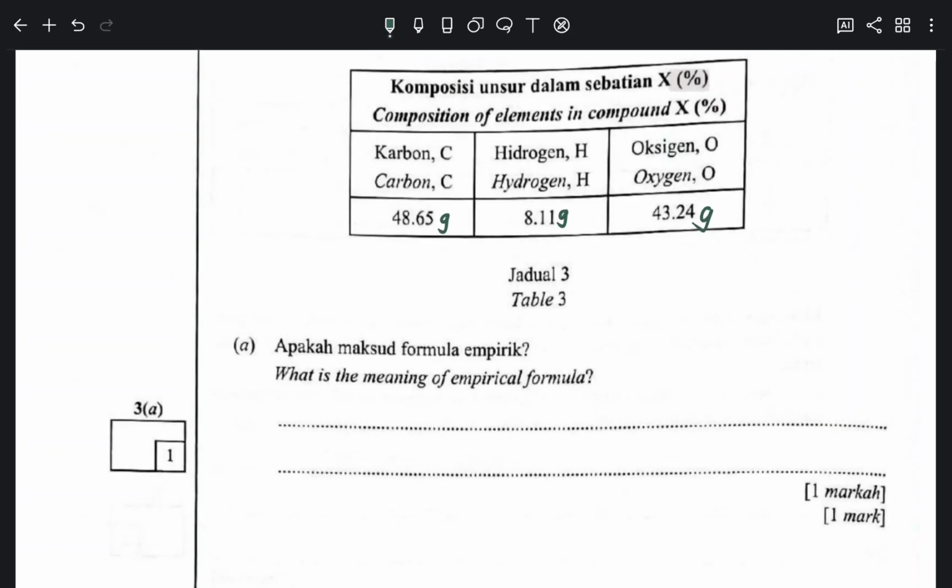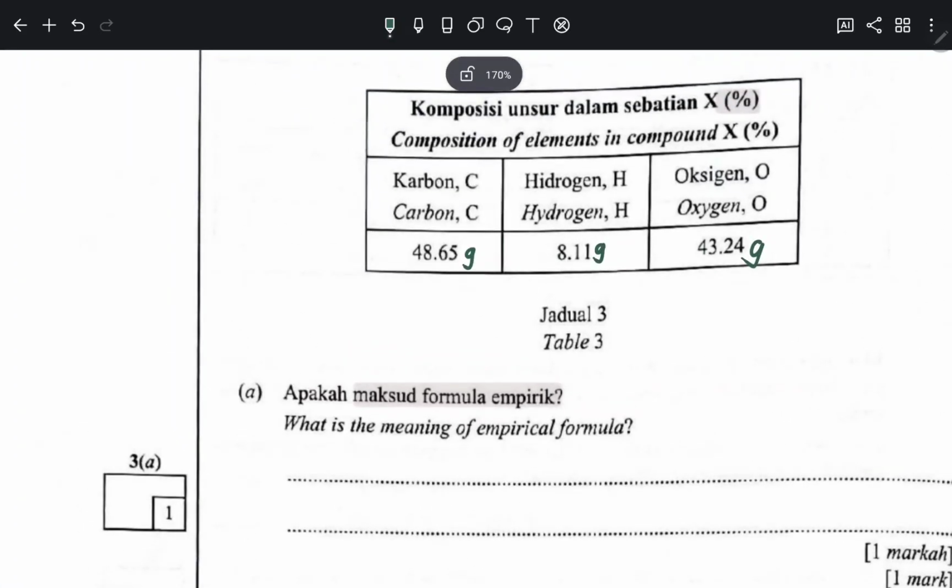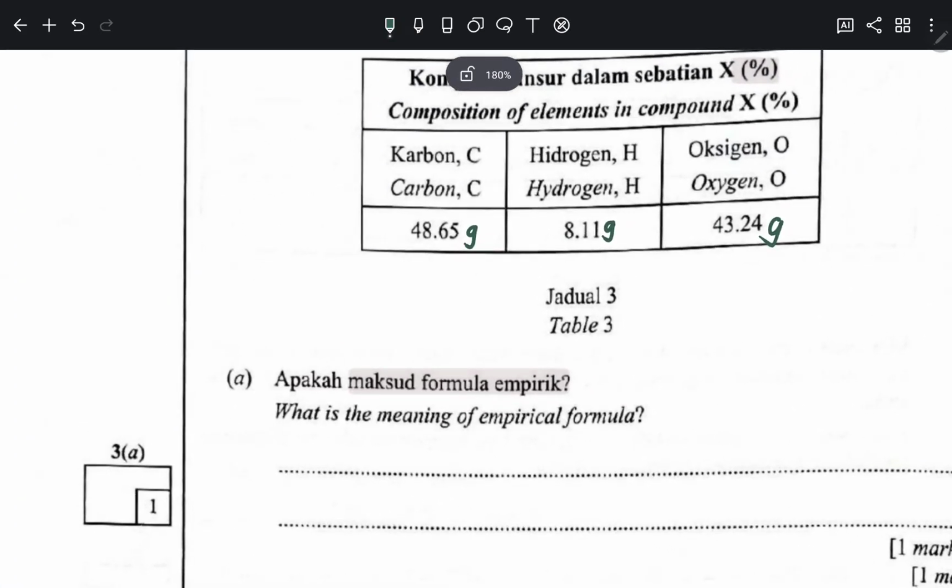So first thing first, what is the meaning of empirical formula? Maksud formula empirik. This is a very famous question. Empirical formula ataupun formula empirik ini adalah nisbah atom paling teringkas bagi setiap unsur di dalam sesuatu sebatian.